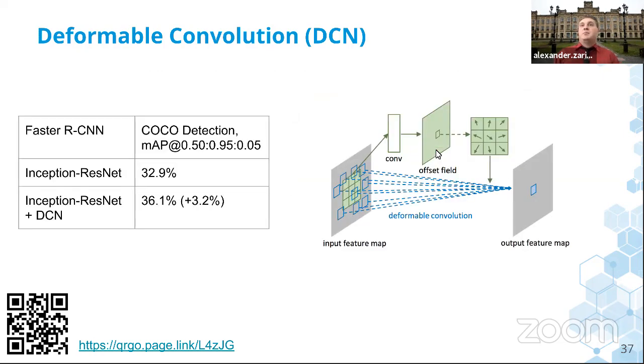In practice, it can be done by applying the following algorithm. First of all, we are using the input feature map to generate a so-called offset field, which is used to simply offset our pooling points from the conventional convolution pooling field, and to form such a pooling point cloud, and then simply pull features from this point cloud and form a new output feature map.